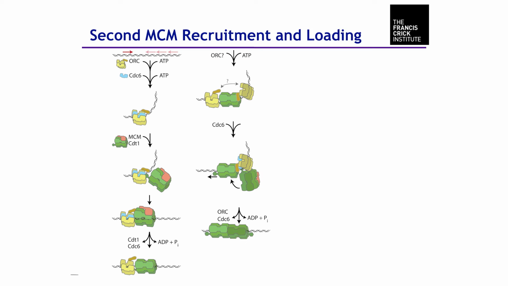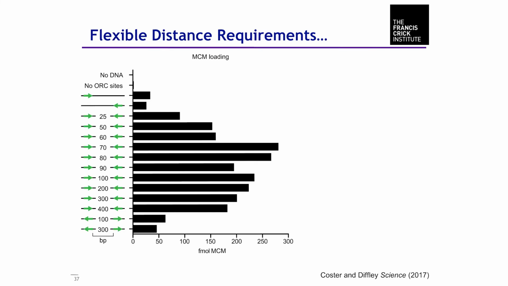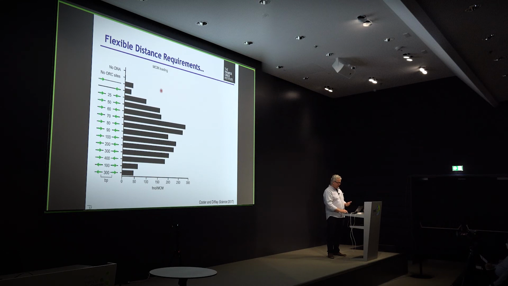One of the things that I haven't talked about, but I've sort of inferred, is that the distance between the ORC binding sites isn't terribly important for MCM loading. So it can work even when the two ORC binding sites overlap, but you can actually get very efficient collaboration of two ORC binding sites, even when the sites are 400 base pairs apart. So anywhere from 25 to 400 base pairs apart, and you get efficient MCM loading.